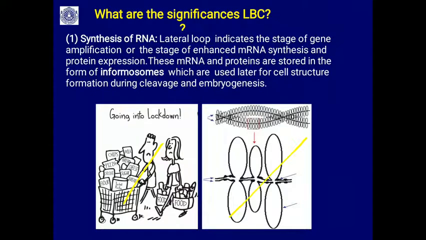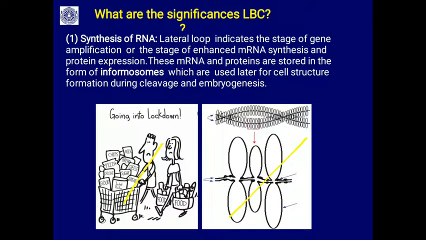During the cleavage stage, there is no room for uncoiling of the chromosome and synthesis of RNA. So that is why mRNA and proteins are synthesized during the diplotene stage, and they are stored in the form of informosomes in the oocytes, which are used later for cell structure formation during cleavage and embryogenesis.